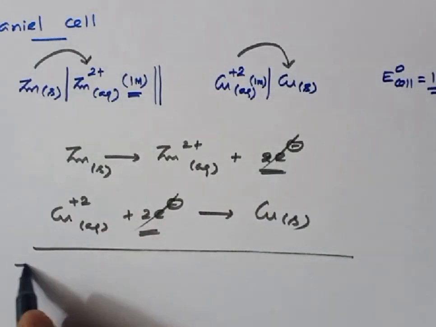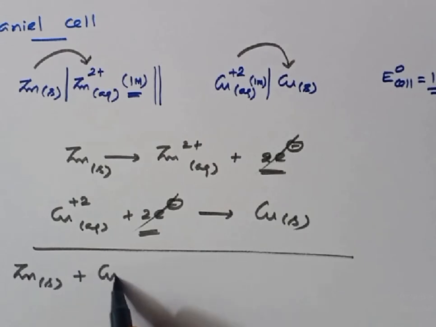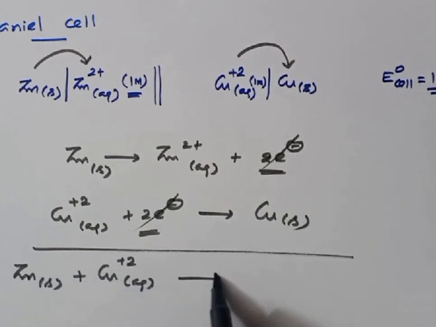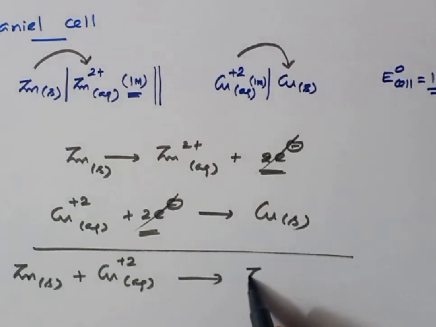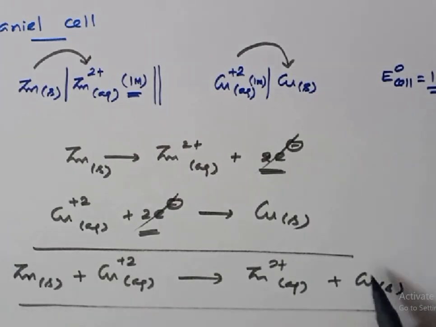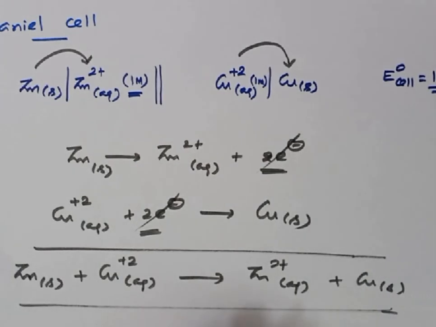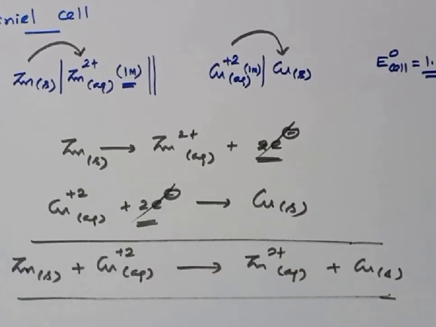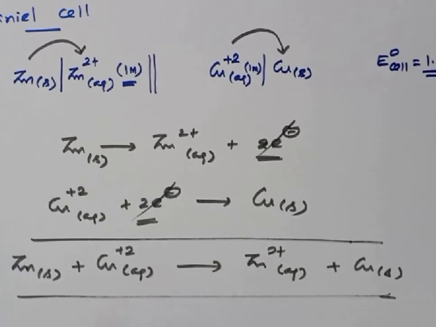So I'll write here: zinc solid plus cupric ion in aqueous medium giving zinc 2 plus aqueous plus copper solid. This is the cell reaction occurring in the cell. Students, observe carefully. This is the cell reaction occurring in the cell. Take down.